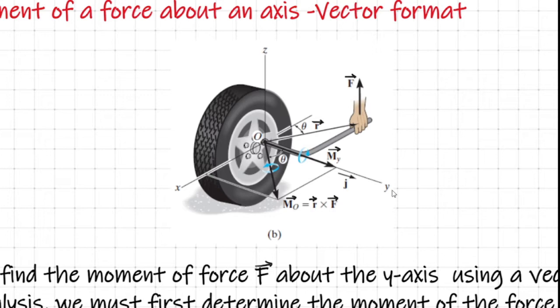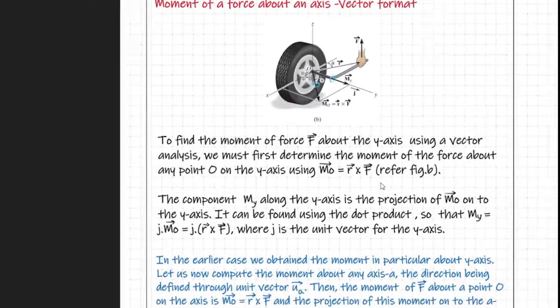This can be easily obtained using the dot product operation, which was one application relevant to the dot product. How do we obtain the component of vector MO about the y-axis? This can be obtained as the unit vector along the y-axis, that is J, dot this vector MO, that is R cross F. This is what I have written here.